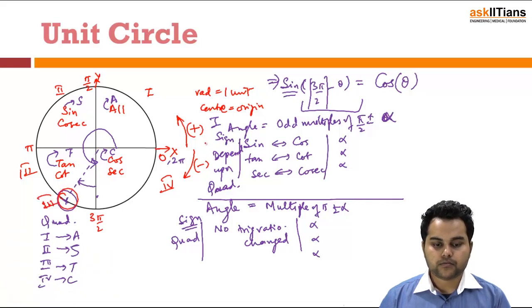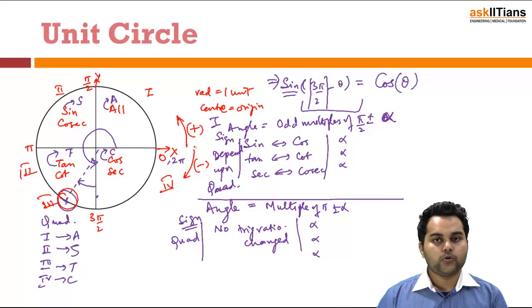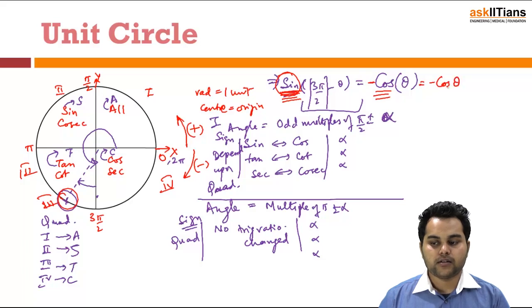I will not look at the right hand side, what the transformation has been, but at the left hand side, what the original trigonometric ratio was, that is sine, and it's negative in the third quadrant, so I will have a negative sign over here. So that will give me minus cos of theta.